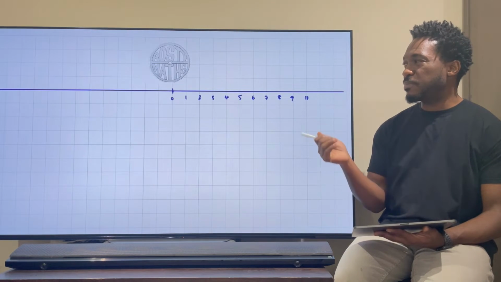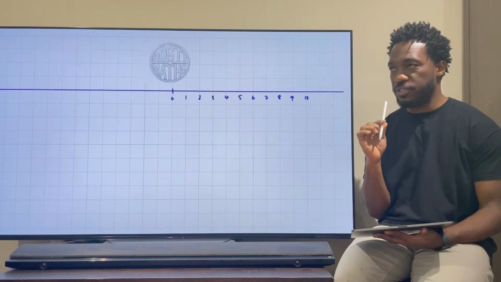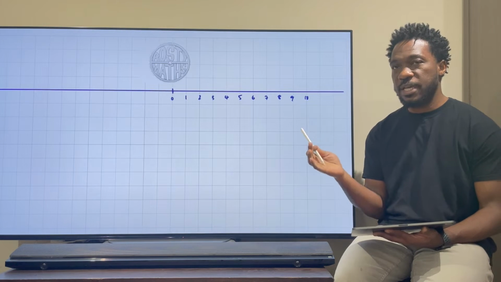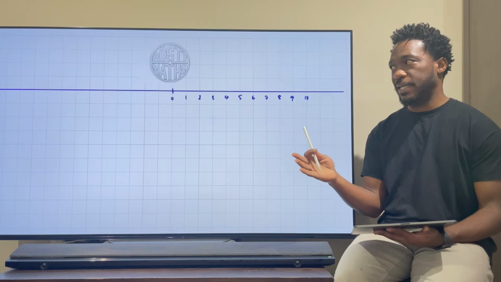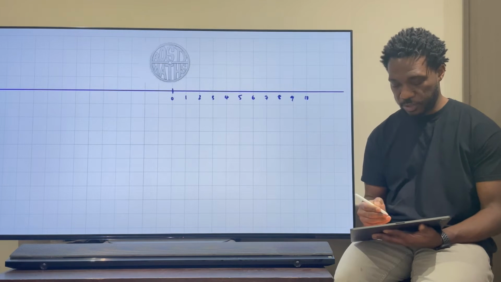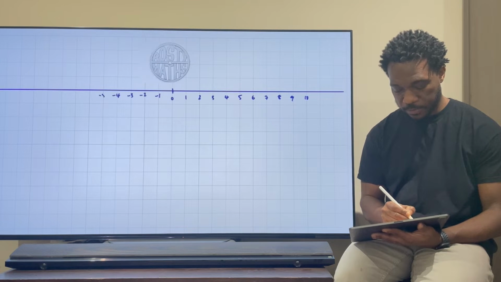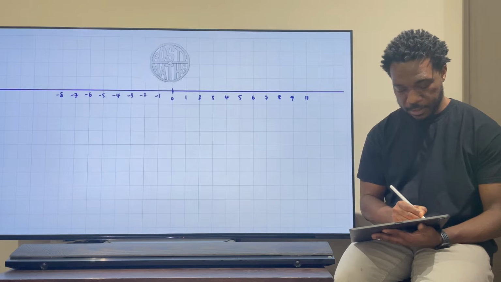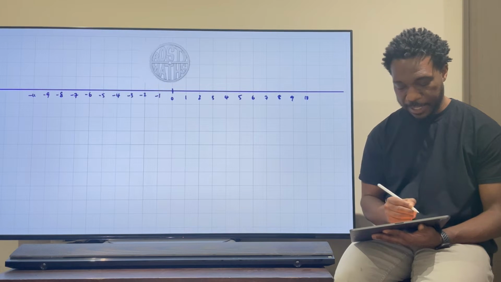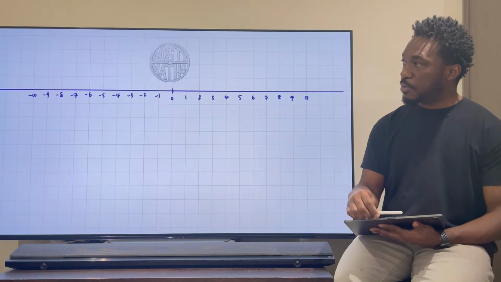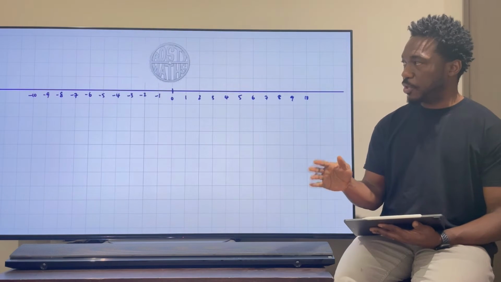And I'm going to give these numbers a name because these are called integers. And integers can be both positive or negative numbers, whole numbers, mind you. And then on this side, -1, -2, -3, -4, -5, -6, -7, -8, -9, and -10. Now, I've got all my numbers, all my integers on there.